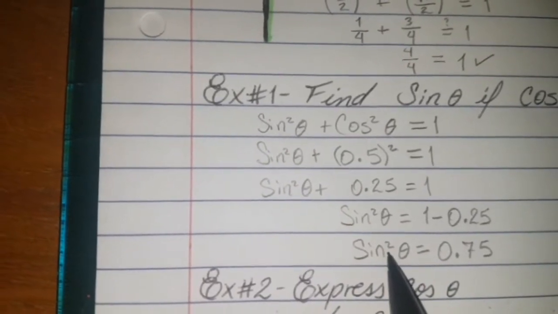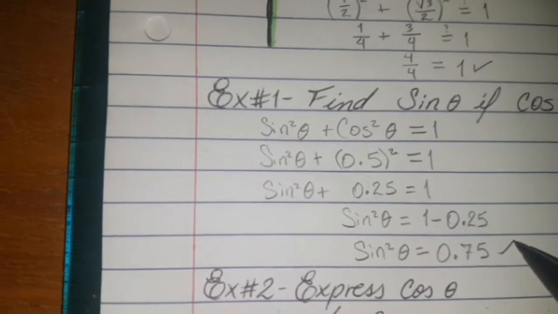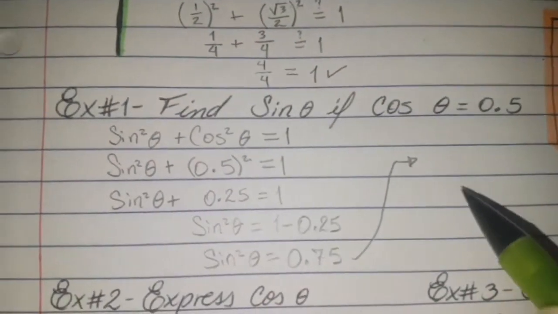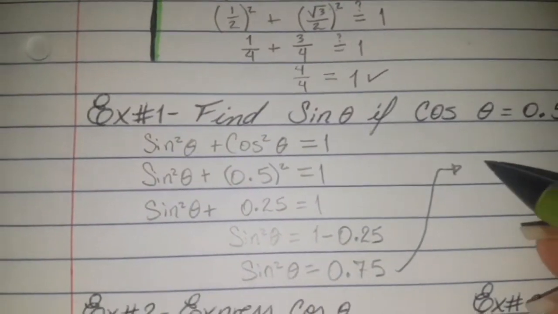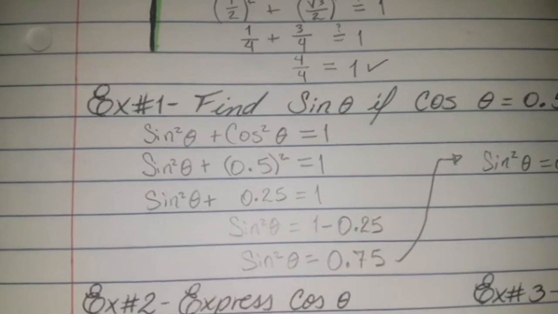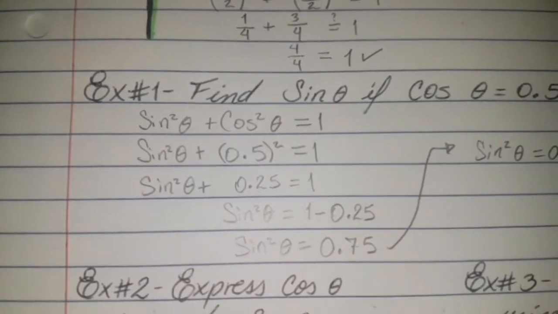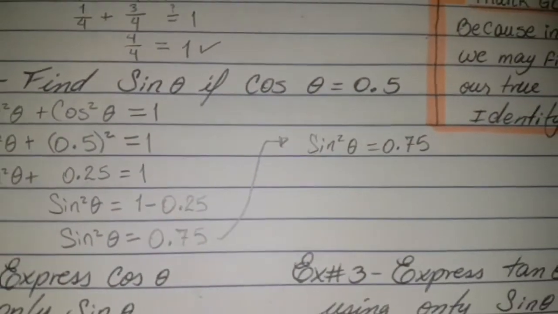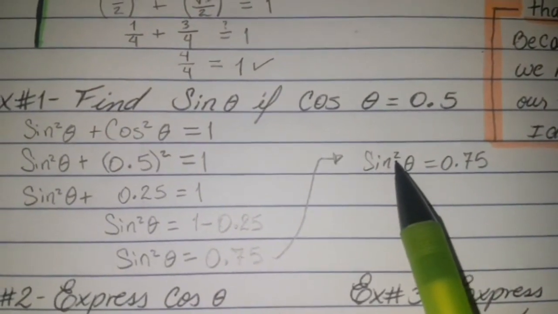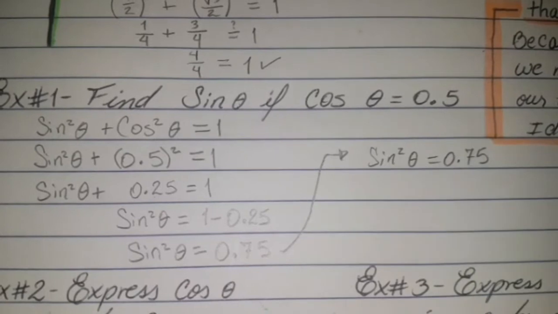I'm not done because I have a second power here, so I have to simplify that. Opposite operation of a second power is a square root. So sine to the second power of theta equals 0.75. Inverse operation of the exponent is the root.